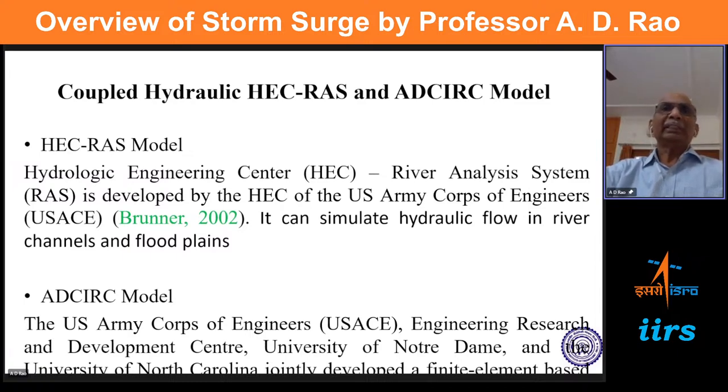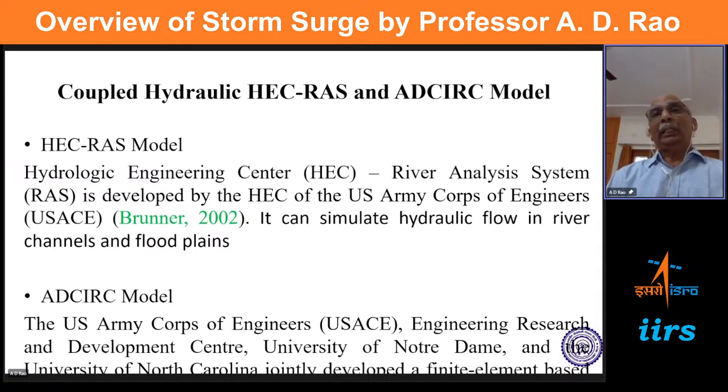Therefore, we use the HEC-RAS model, which is developed by the US Army. They use this HEC-RAS model for their operational purposes for any kind of river flow and river flooding. I used that model and coupled it with the model which I already use, called ADCIRC.